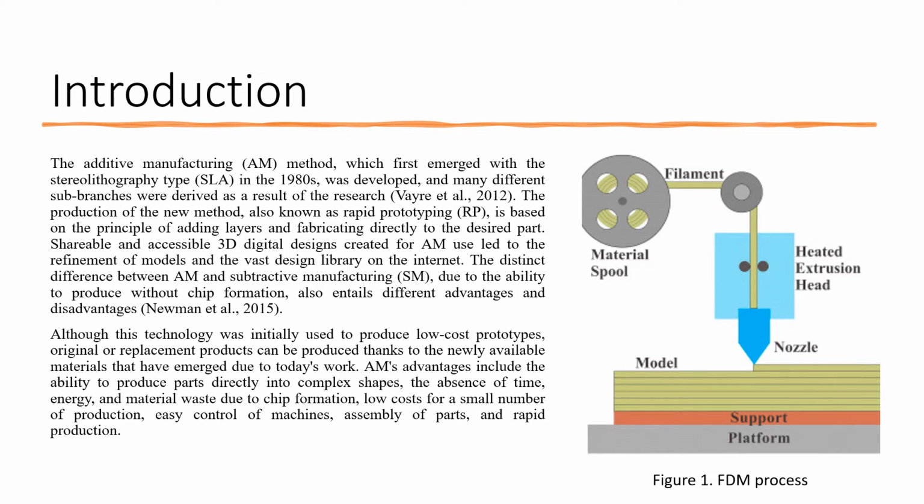AM advantages include the ability to produce parts directly into complex shapes, the absence of time, energy, and material waste due to chip formation, low cost for a small number of production, easy control of machines, assembly of parts, and rapid production.